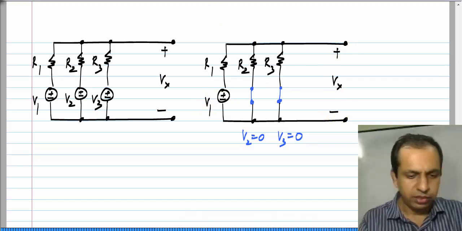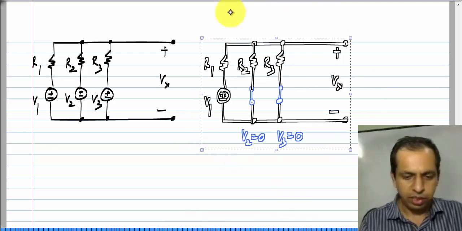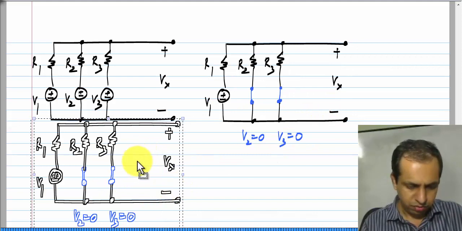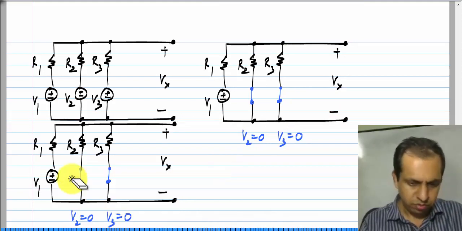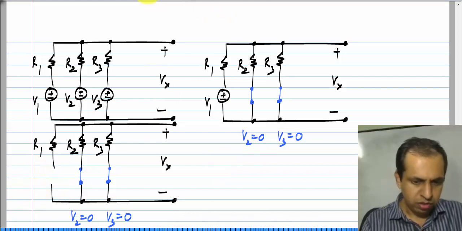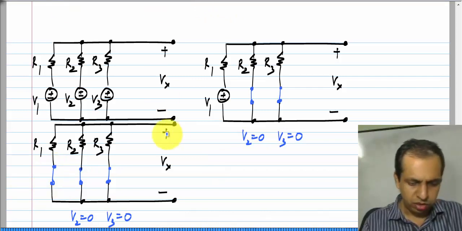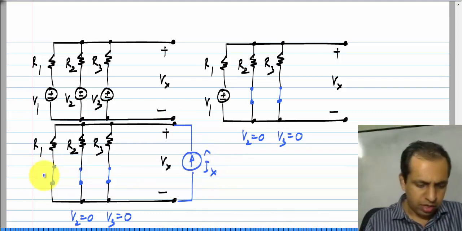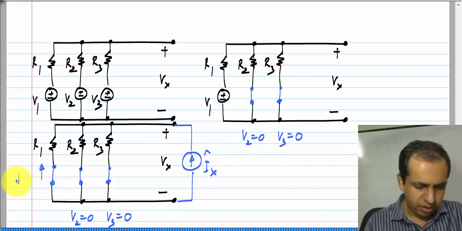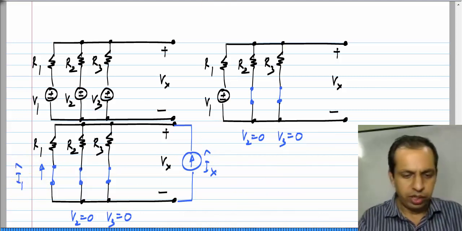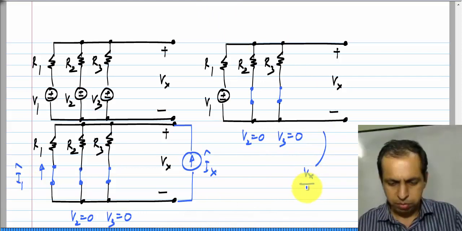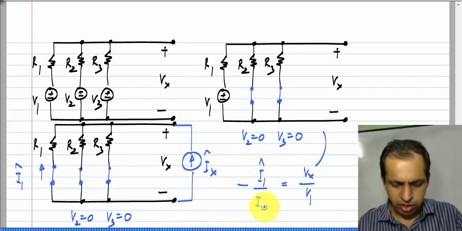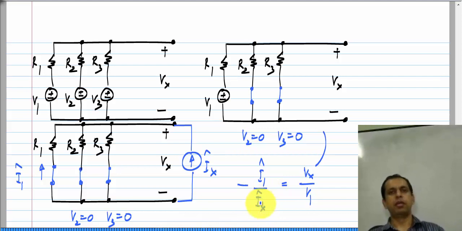The ratio of V x to V 1 in this circuit is exactly the same as, let us say I short circuit this and I apply a current source over here, I x hat, and I find I 1 hat. I know that V x by V 1 in this circuit will be exactly the same as minus I 1 hat by I x hat.